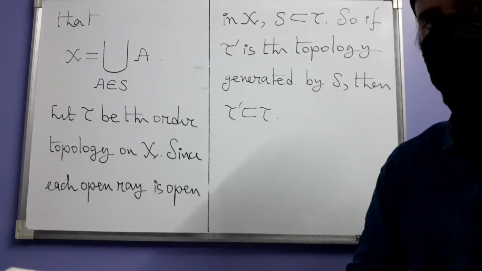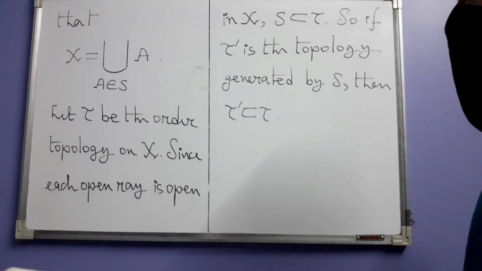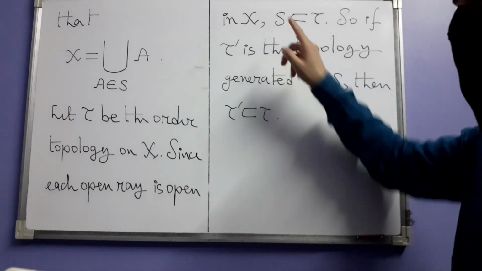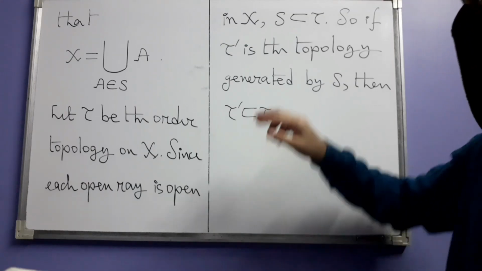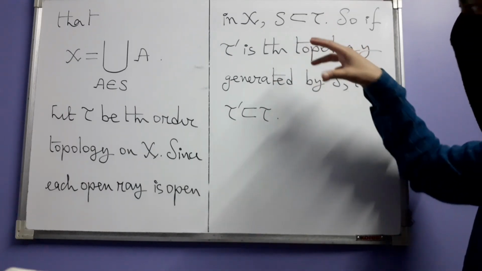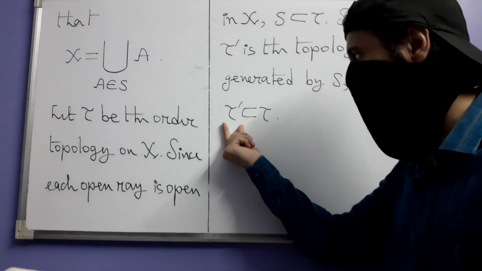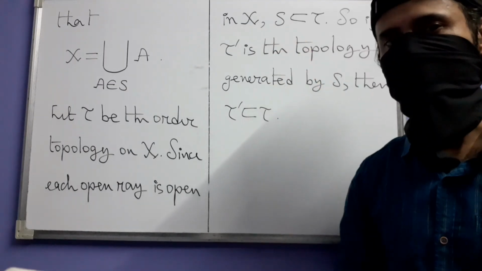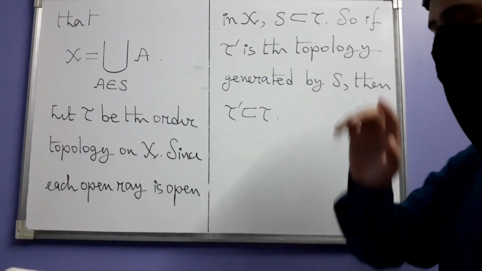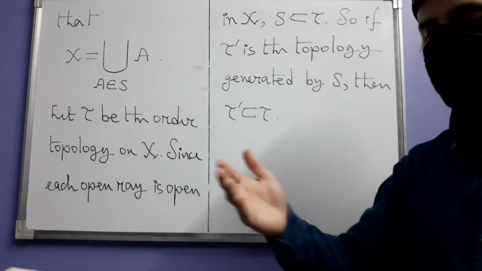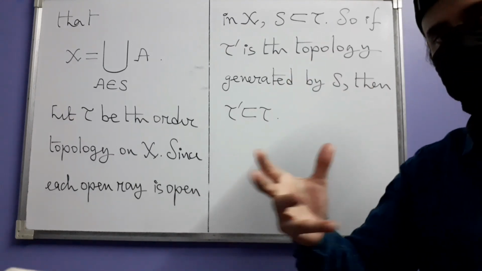Any such union will also be in tau, again because tau is a topology. And that is why arbitrary unions of finite intersections of elements of S are inside tau. But these arbitrary unions of finite intersections of elements of S are precisely the elements of tau prime. That's how we generate a topology from a subbasis. If you only consider the collection of finite intersections of elements of S, you get a basis.